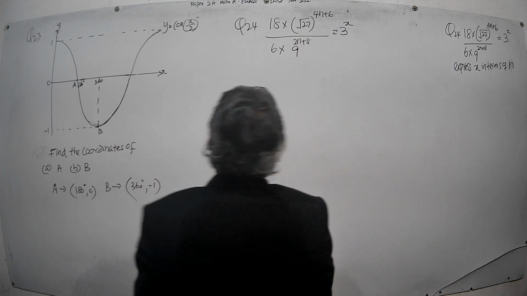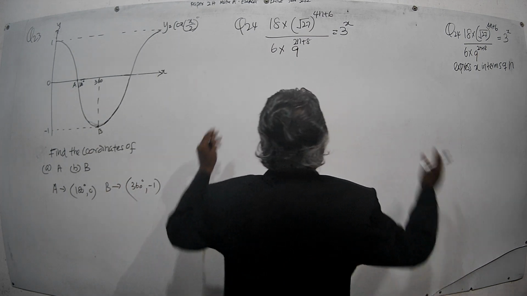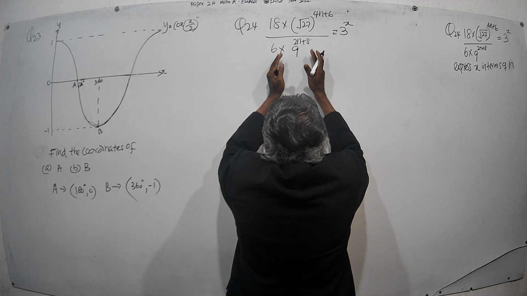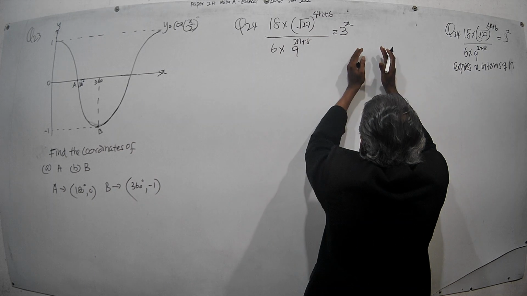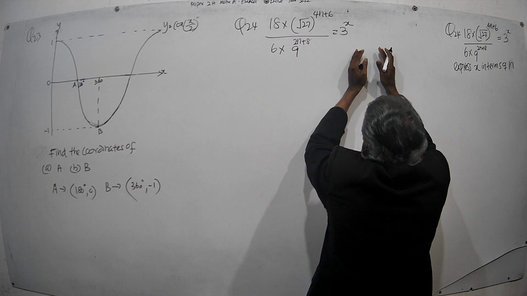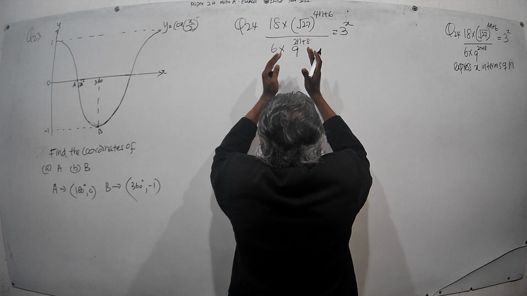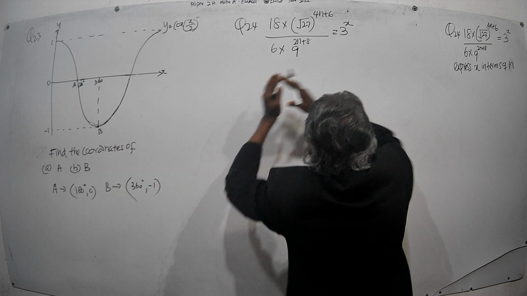Then we have to write one indicial expression with a particular base on this side, and another indicial expression with the same base on this side. Then we get two indicial statements of the same base that are equal.